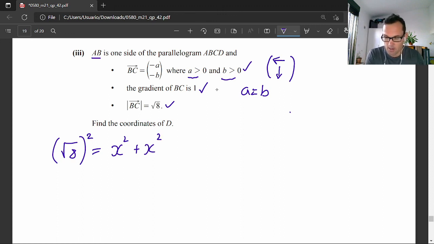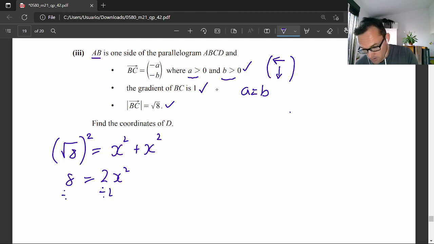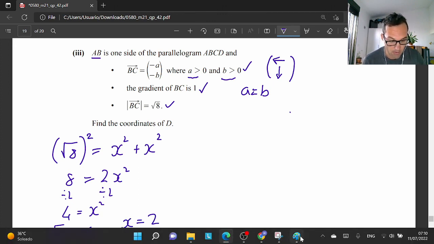The square root squared just gives us 8. x squared plus x squared is 2x squared. Let's divide by 2 on both sides, so that gives us 4. That means x is the square root of 4, and we got it. x equals 2. Plus and minus 2, but we only work with positive values here.